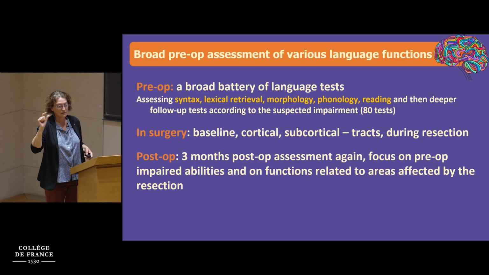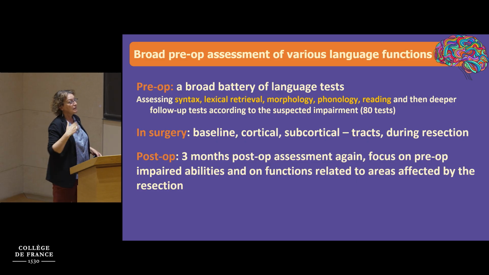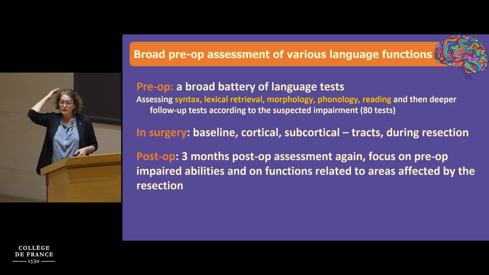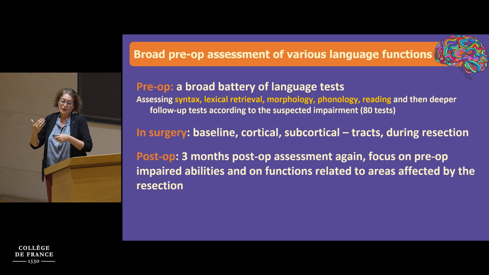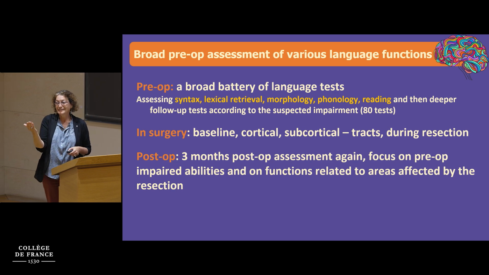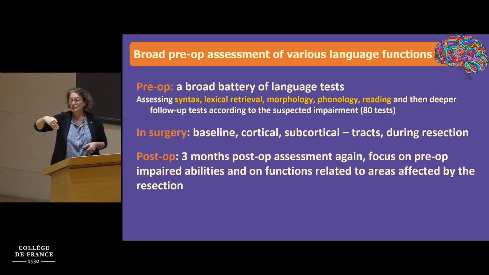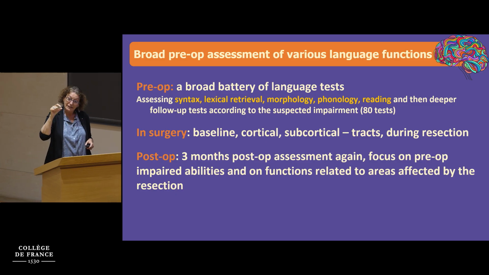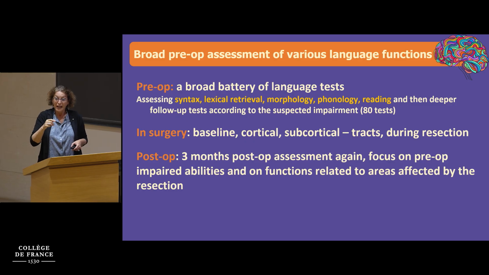without stimulations. And then on the cortical area, we do a mapping. We contribute to the neurosurgeon's decision regarding where to enter to access the tumor. And then the resection starts. And we continue.